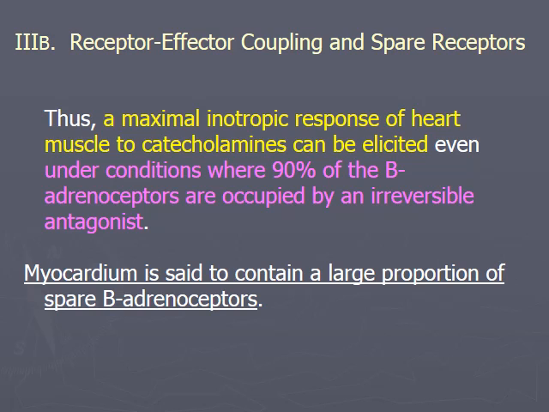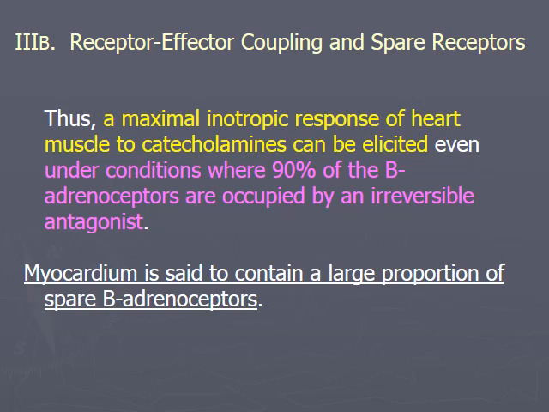One very important tissue, myocardium, actually uses spare receptors. And so it's predicted that about 90% of beta receptors in the heart are spare and not needed for the maximal inotropic response. So what does inotropy mean in terms of heart contraction?